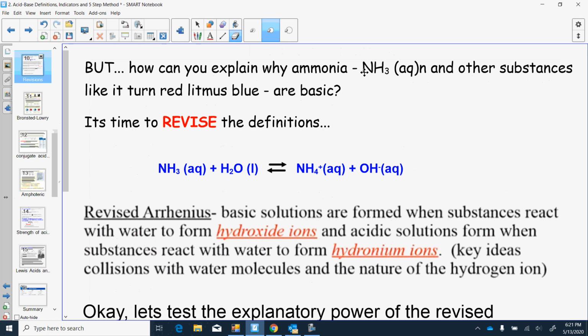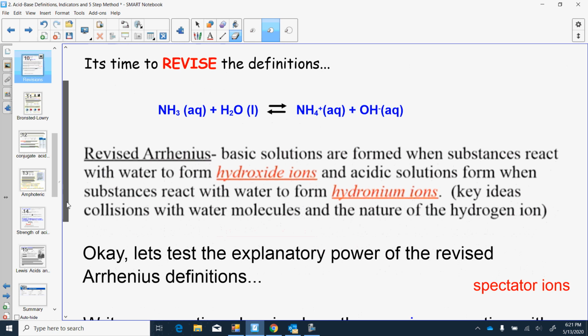How can you explain why ammonia, where there's no ionizing H and there's no OH, is acting like a base? Or vice versa, there are others that will act as acids. So this is how he revised it. Here's the equation: ammonia plus H2O turns into ammonium and OH negative. So the water gives an H away, and it gets OH.